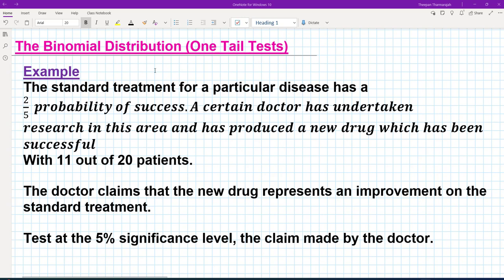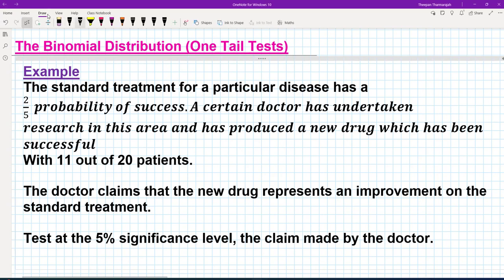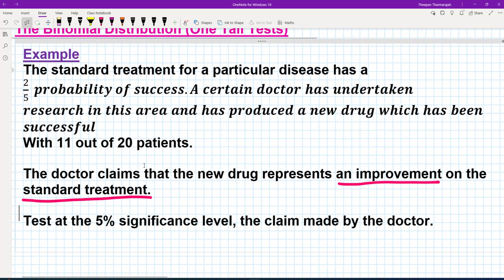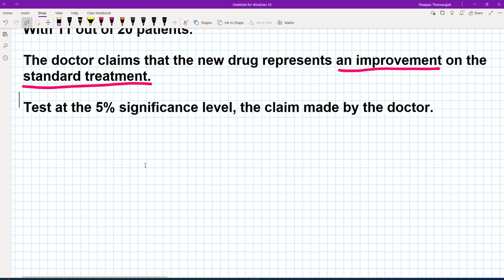So a one-tailed test will always be an increase or a decrease in something. Now, if we underline the key aspects of this question, the doctor was claiming that it represents an improvement on the standard treatment. So we need to now make a hypothesis test.